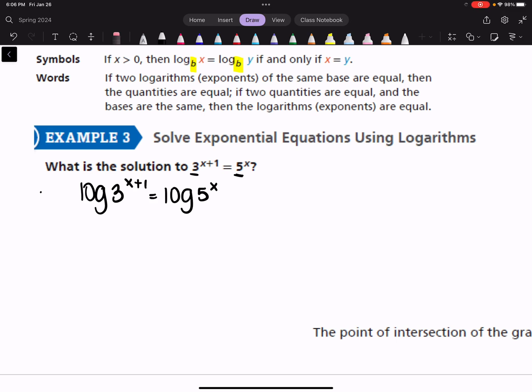We can use our power property to bring both of those exponents out to the front. So I can rewrite this by bringing x plus 1 and x out to the front. So I get x plus 1 times log of 3, and I have x times log of 5.